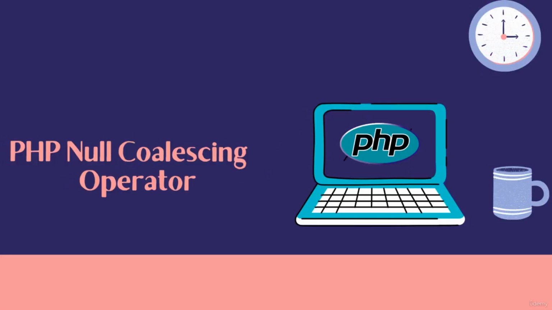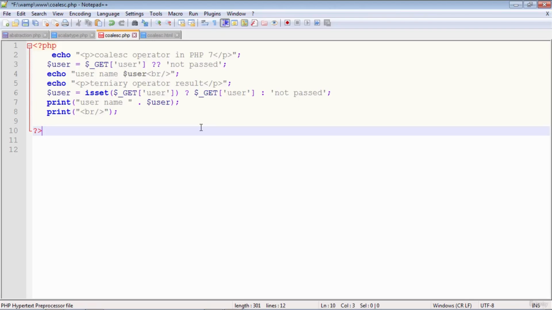In this video, we shall see another new feature of PHP 7 called the null coalescing operator. Another new feature of PHP 7 is this coalescing operator that we will now put into practical use. What this operator does is it verifies whether a particular variable is set or not. This double question mark is called the coalescing operator.